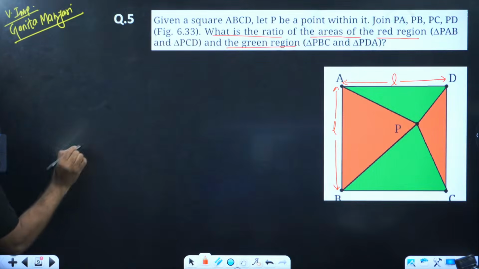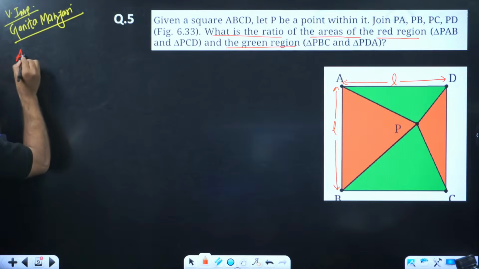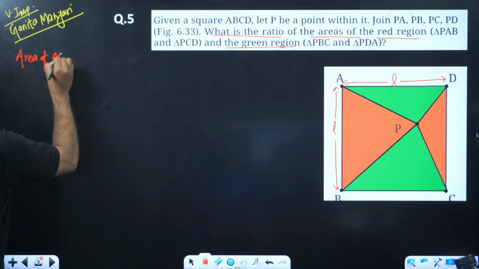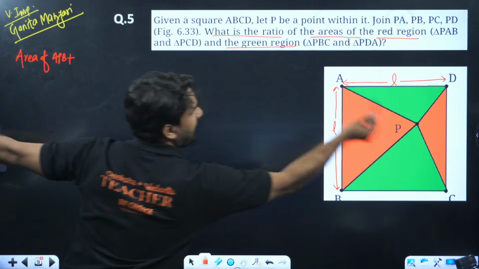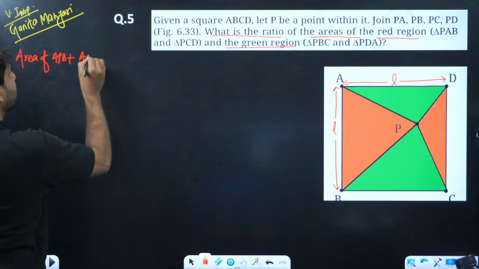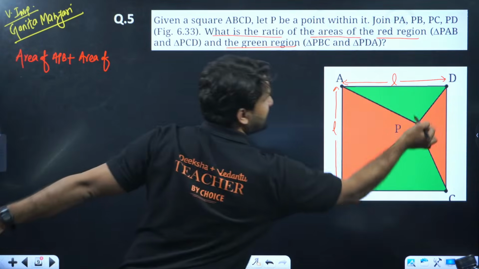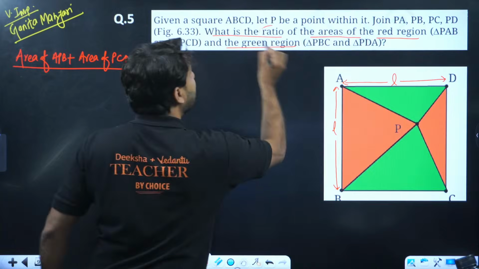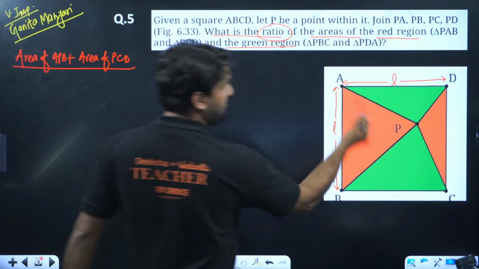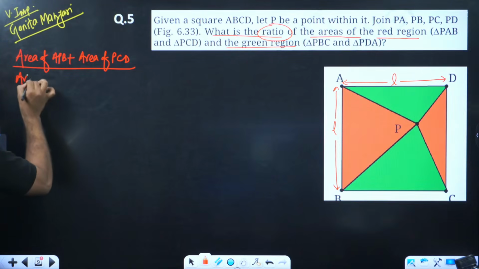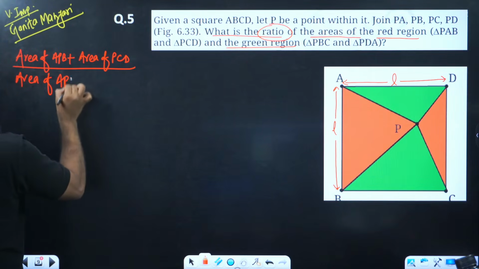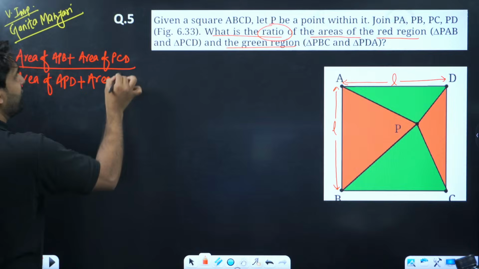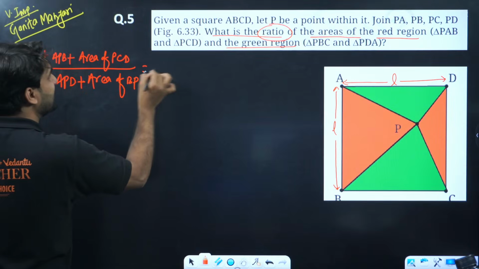So basically here in this question, we have to find the area of APB, which is the red region, plus the area of one more red region, PCD, divided by, because we are dealing with a ratio, the green part, which is the area of APD, and one more green portion, BPC, the area of BPC.